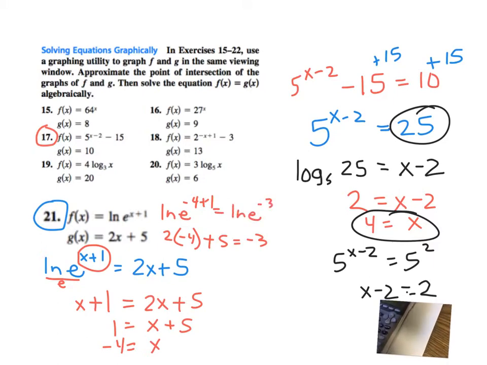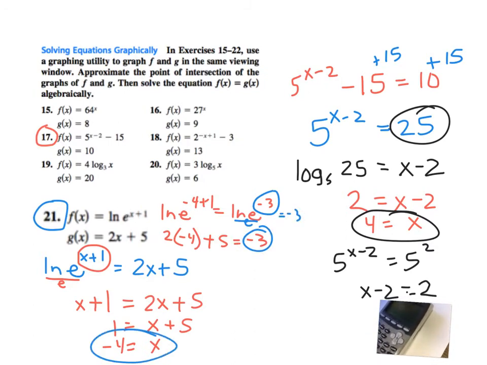And once again, ln is base e to some power, so I end up with that exponent. That confirms that that's the correct answer. You could also obviously look at those graphically as it asks you to.